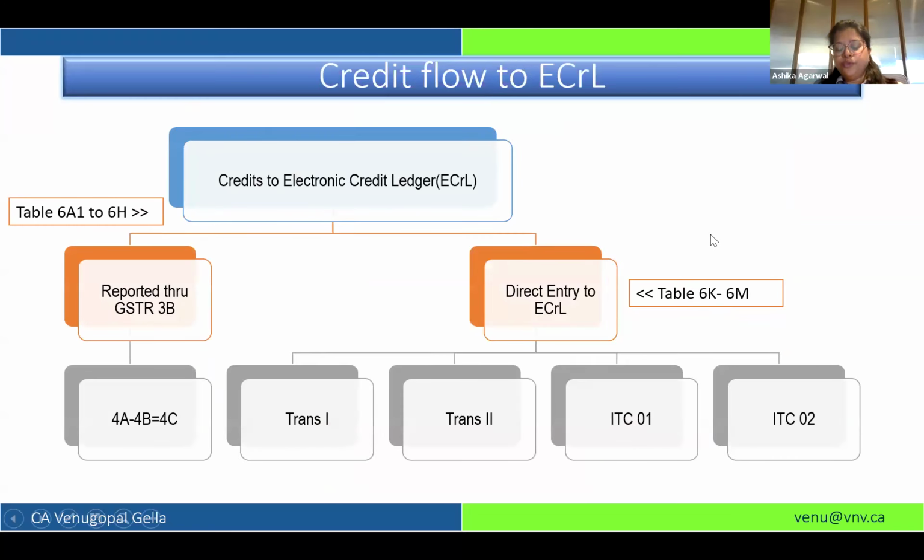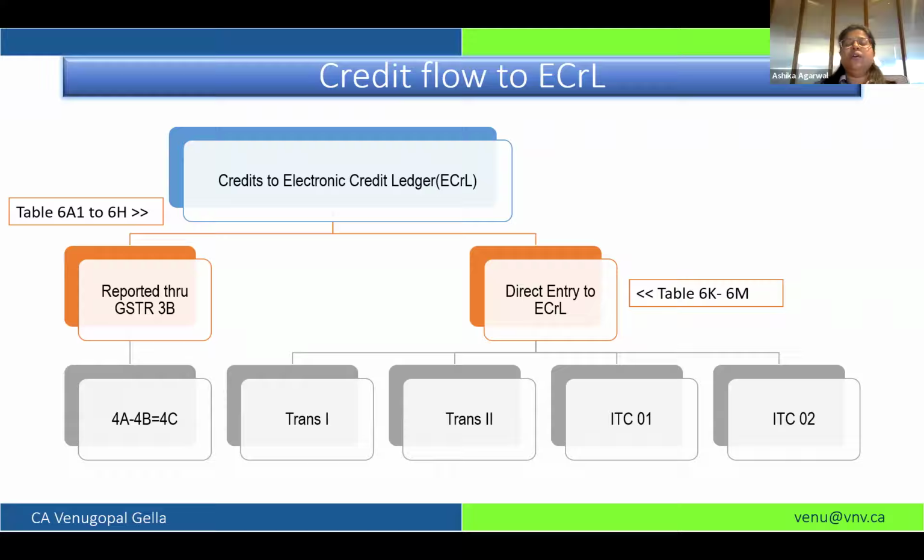Before we move forward, let us understand the credit flow which happens in the electronic credit ledger. Why? Because based on this only, the table reporting of GSTR 9 has been designed for ITC. We are very familiar with how ITC gets reported from 3B and flows to the electronic credit ledger. But 3B is not the only way the credit flows to the electronic credit ledger.